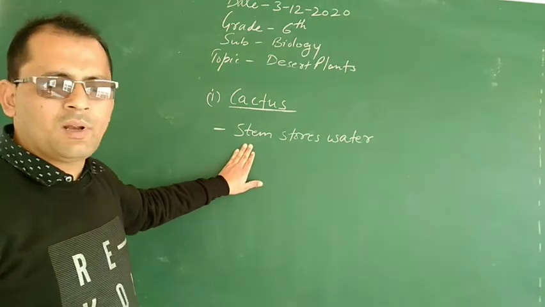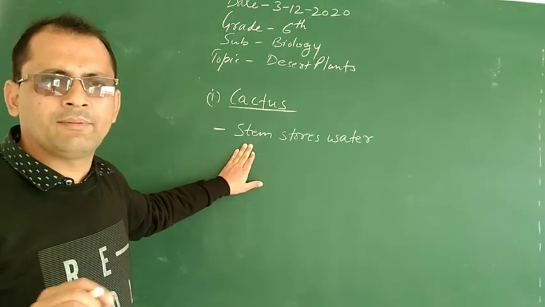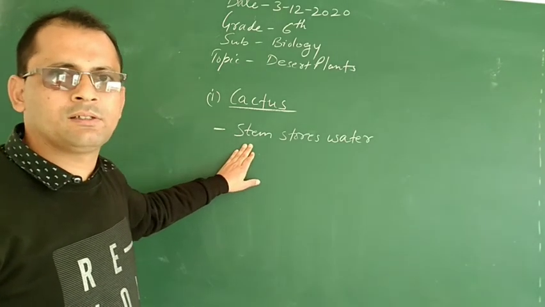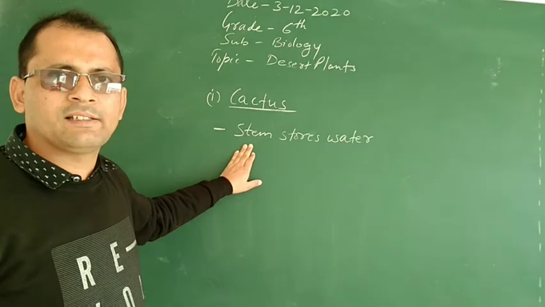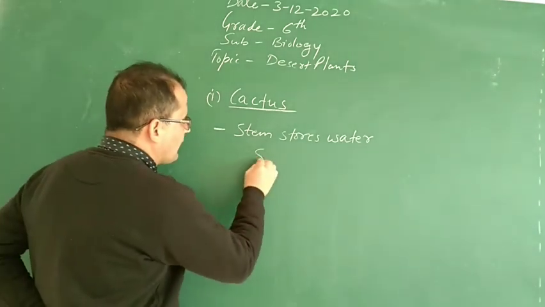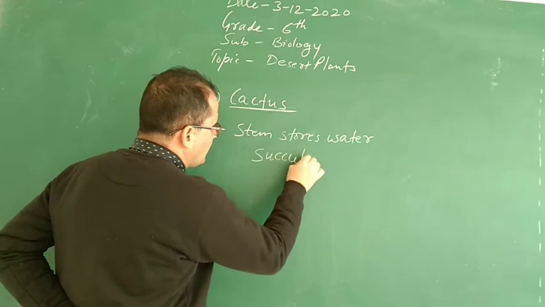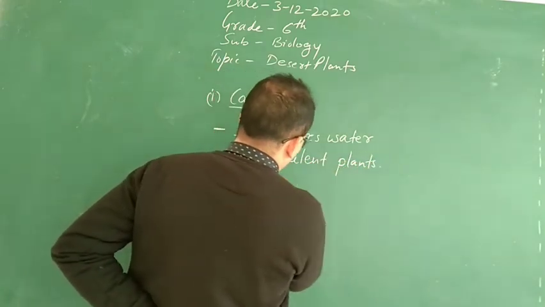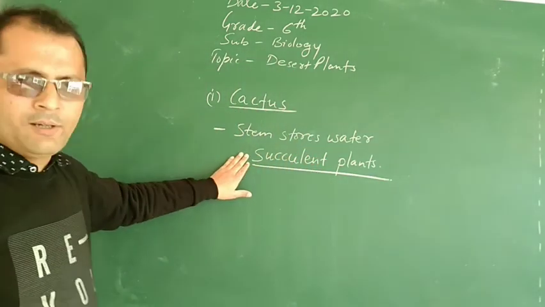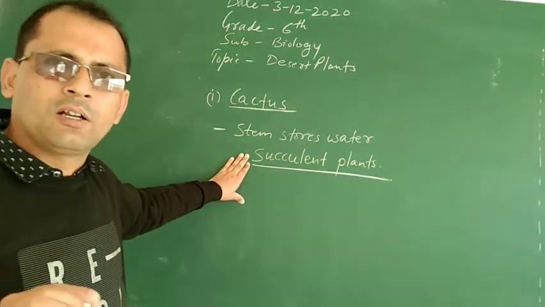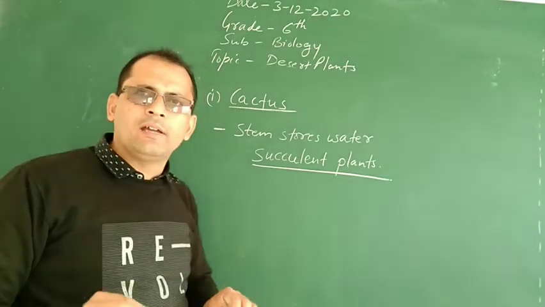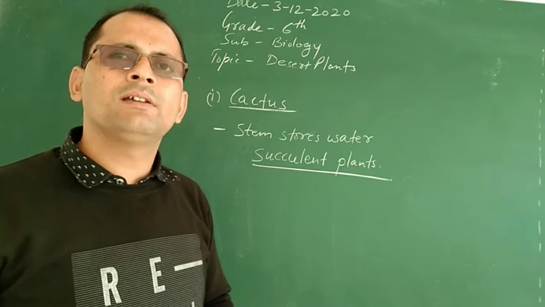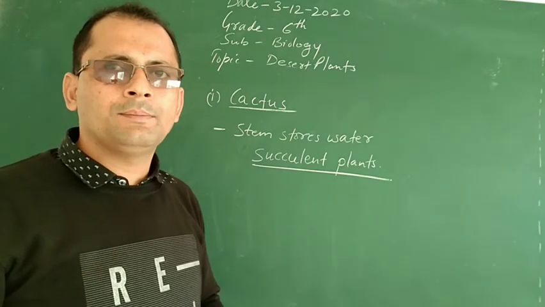So these types of plants in which the stem has the ability to store water are known as succulents. Succulent plants. Very important term. Succulent plants are those plants which have the ability to store water in their spongy stem.